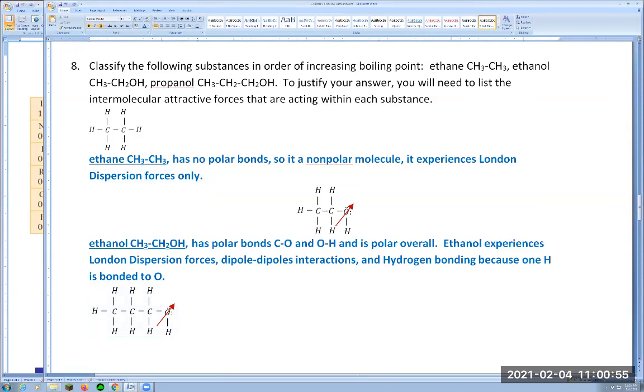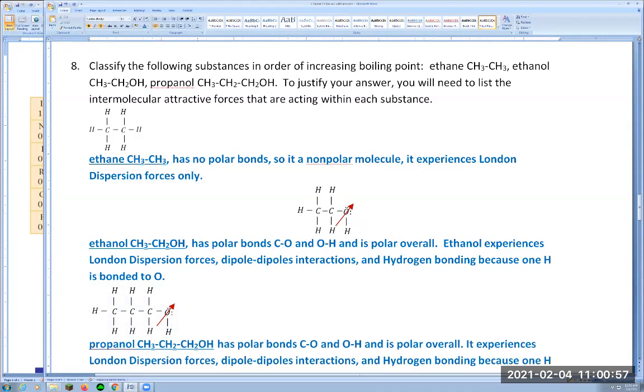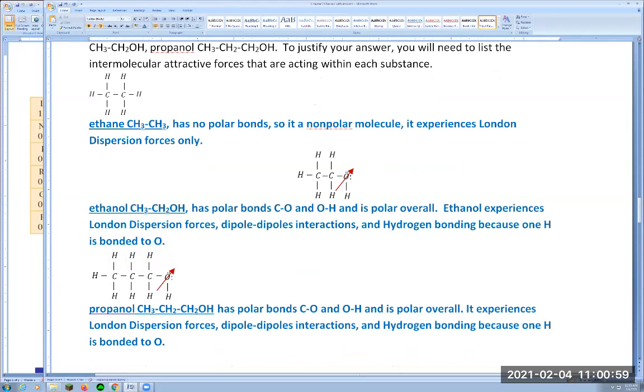So propanol experiences very similar intermolecular attractive forces as ethanol, right? The London dispersion forces, dipole-dipole interactions, and the hydrogen bonding because of the H bonded to oxygen.